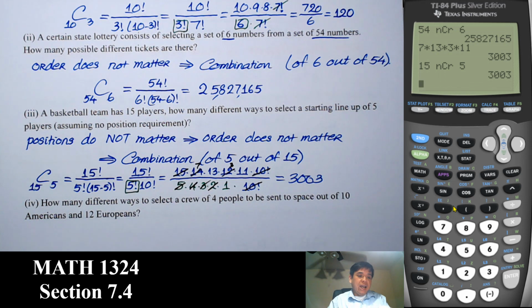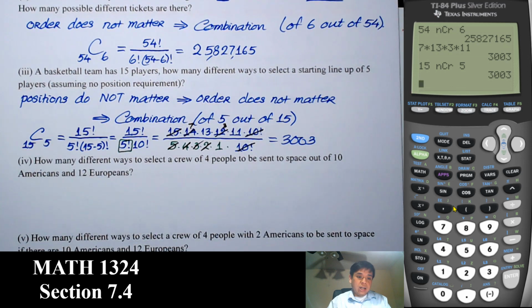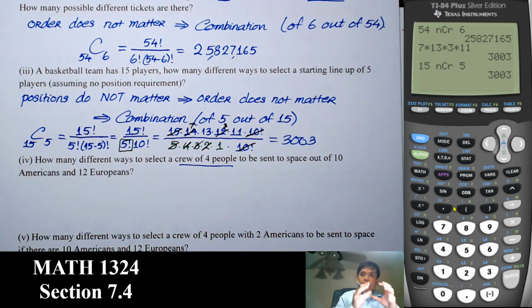Right, next: how many different ways to select a group of 4 people to send to space out of 10 Americans and 12 Europeans? So we have a group of 4, we put 4 people in the space. Once again, we assume we don't have any roles.